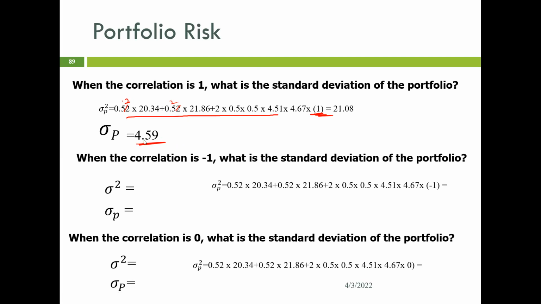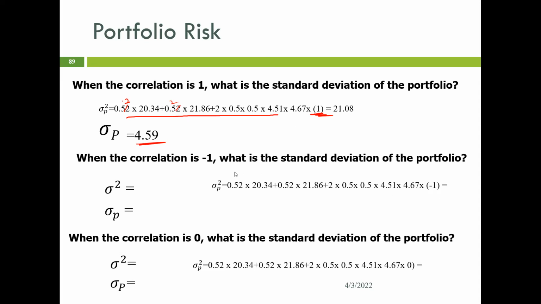Then it is the standard deviation. So you would get 4.59. So now you can see this is the weighted average standard deviation. So when the perfect positive correlation is there, there is no diversification.